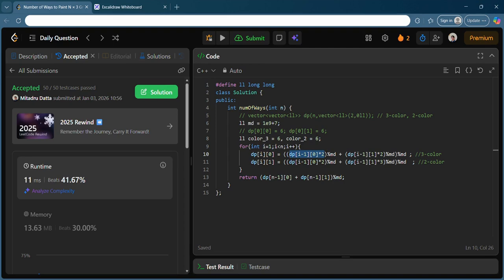All of this I can just simply replace, right? Just replace all of this with color3, and for this you have color2. So first one is color3, second one is color2. Did I remove a multiplication also?